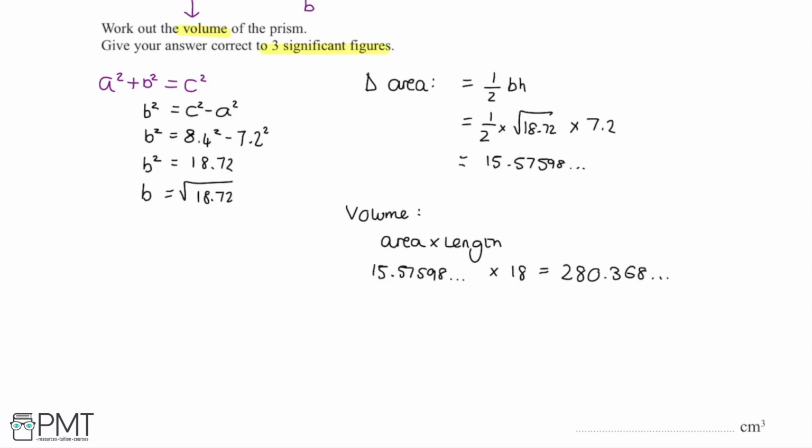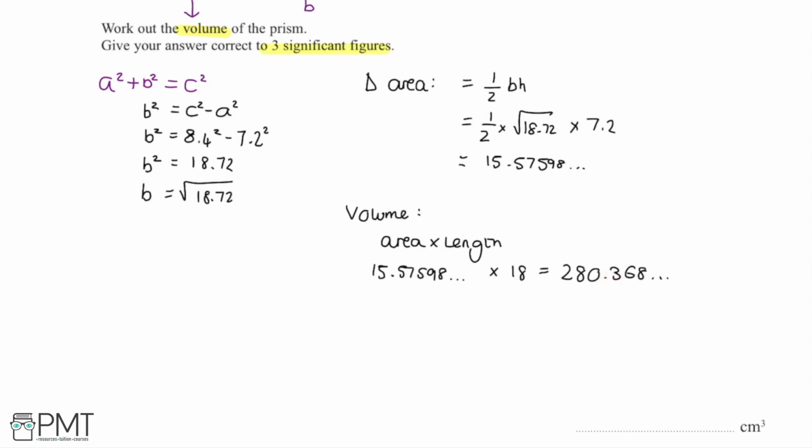However, I now need to refer back to the question, which wants my answer correct to 3 significant figures. Looking at the first significant figure, we have the 2, then the 8, and then the 0 is the third, because the 0 is in the centre of the number, not the first digit. So then I look to the fourth significant figure to see whether I round up or down for the 0.